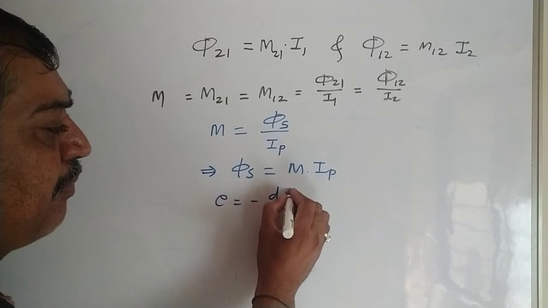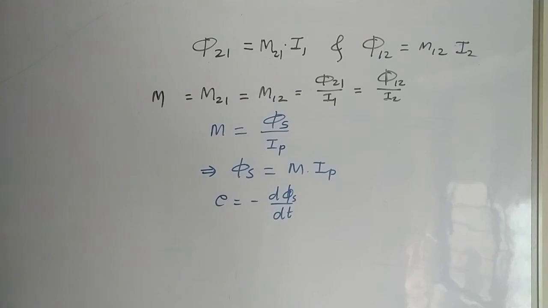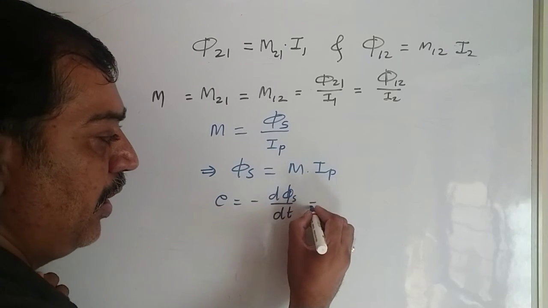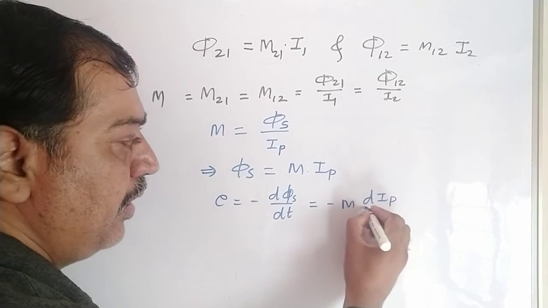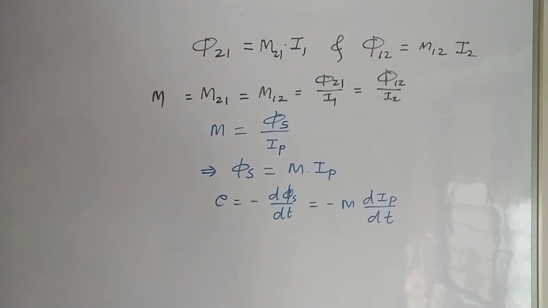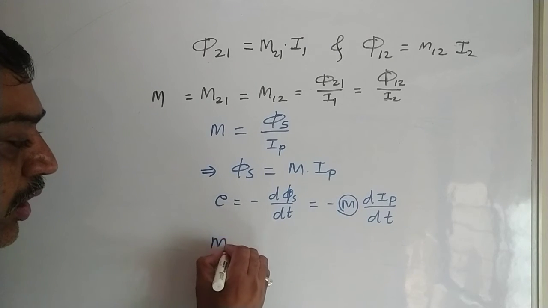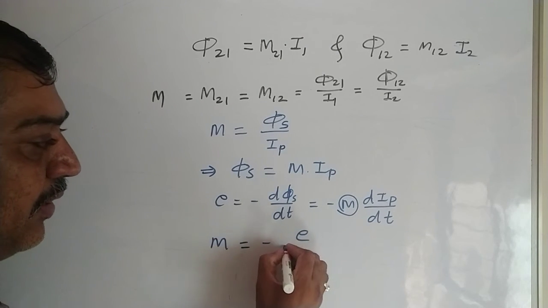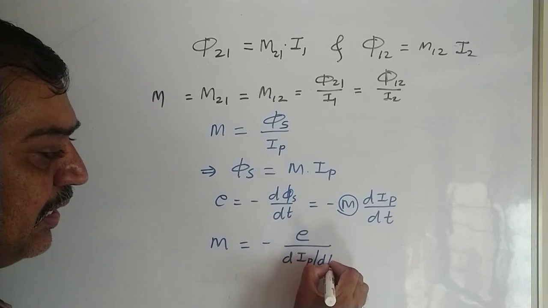Here it is the secondary coil, so d phi S by dt. Putting this value, we get minus M into dIP by dt. From this, the mutual induction M equals minus E divided by dIP by dt.